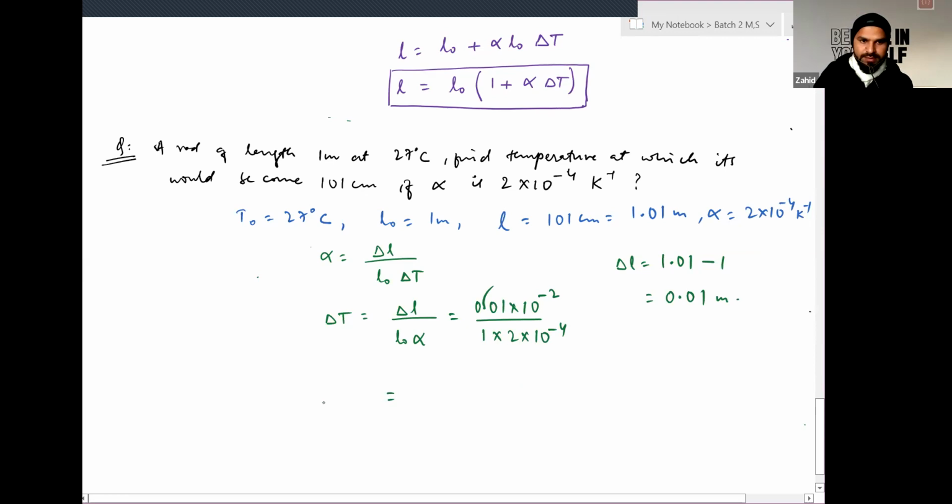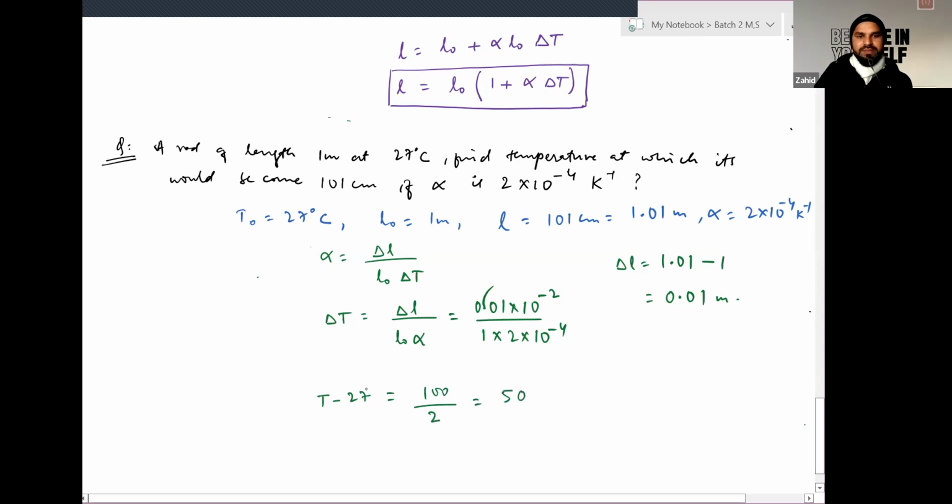Delta T is final temperature minus initial temperature. If you move this 10 to the power minus 4 to numerator, it will become plus 4. And we have already 10 to the power minus 2. So on simplifying, you will get 100 divided by 2. So it will be 50.